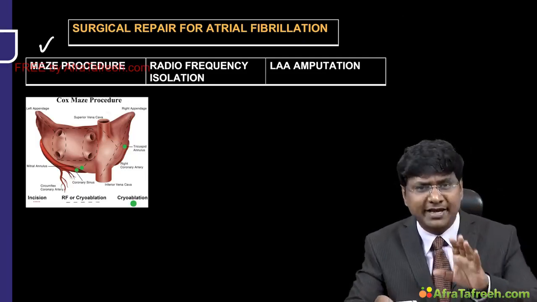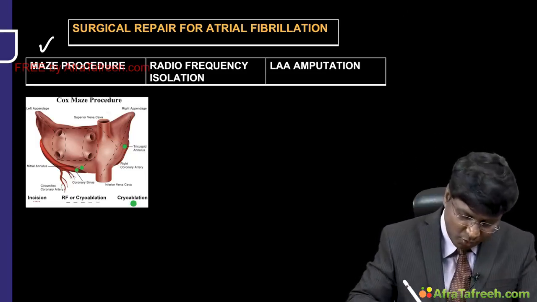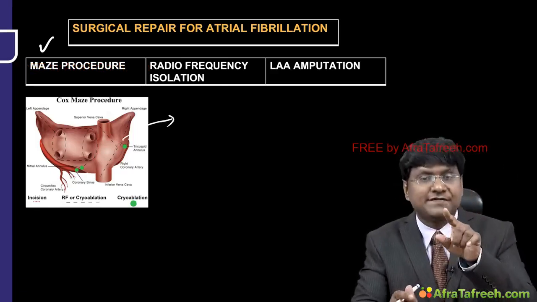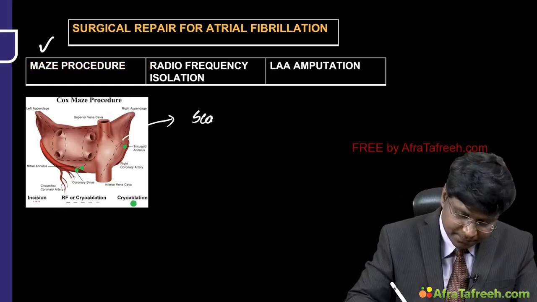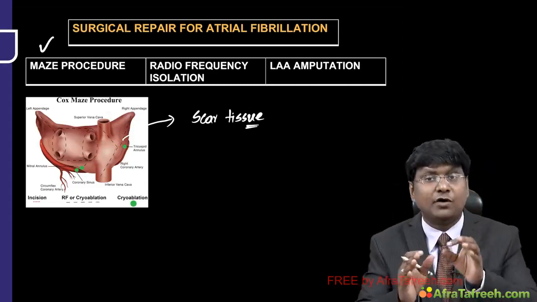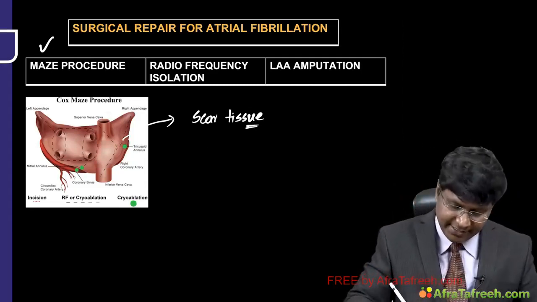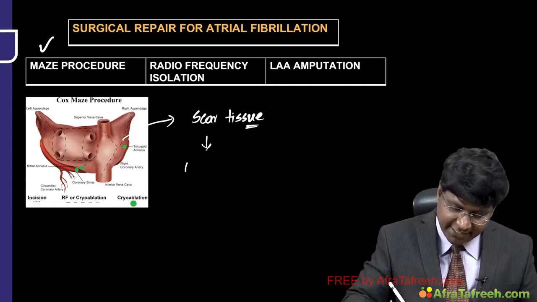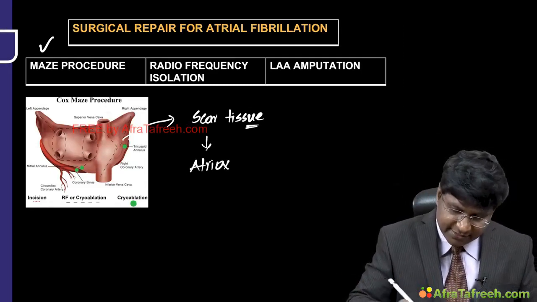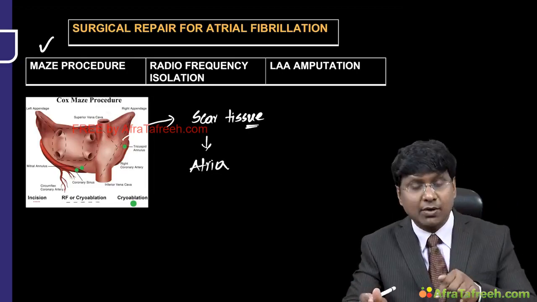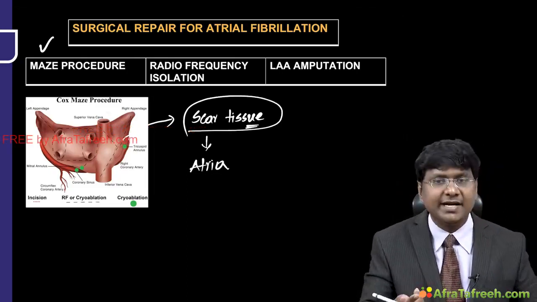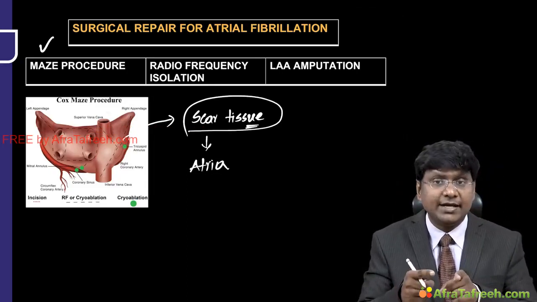So what actually is the maze procedure? The surgeon creates a pattern of scar tissue in the upper chambers of the heart, within the atria. How is the scar tissue created?